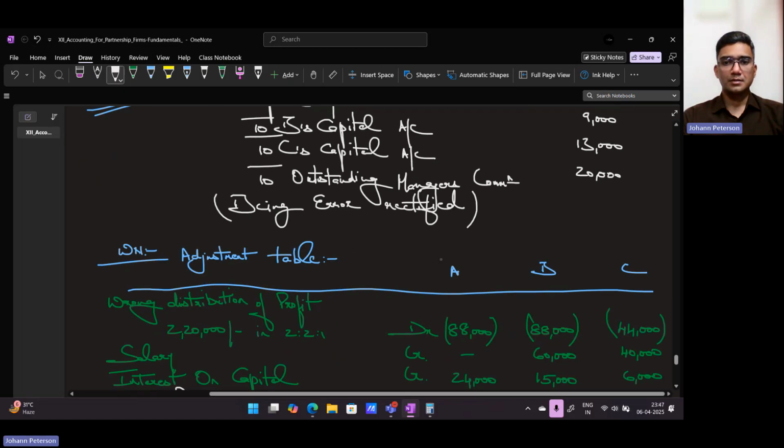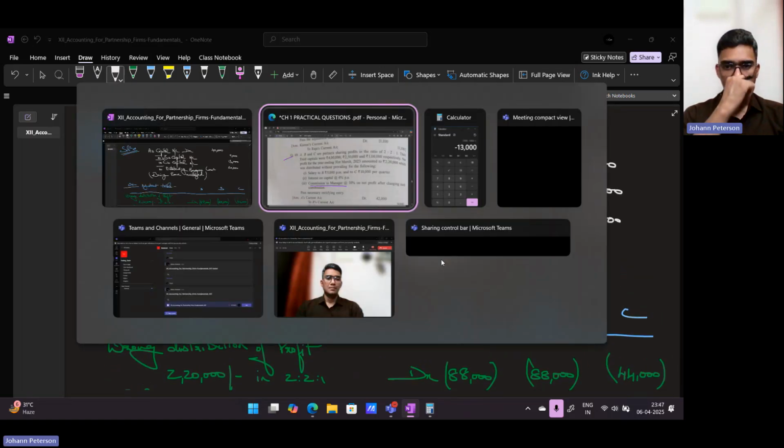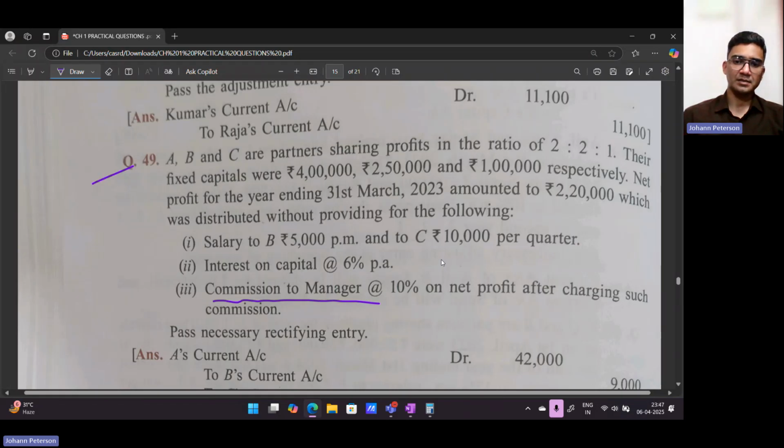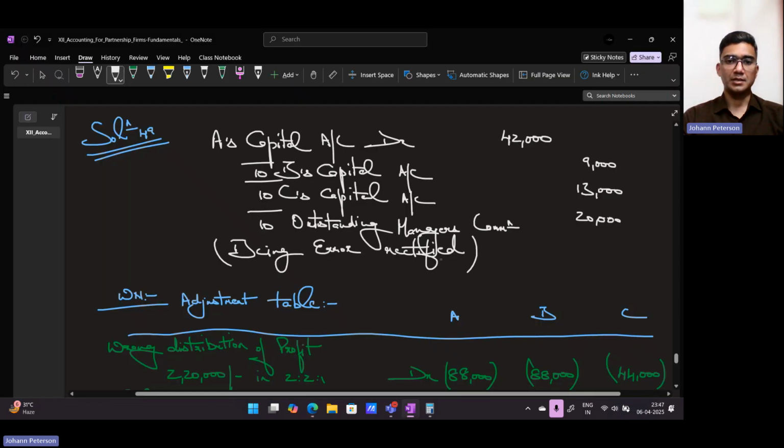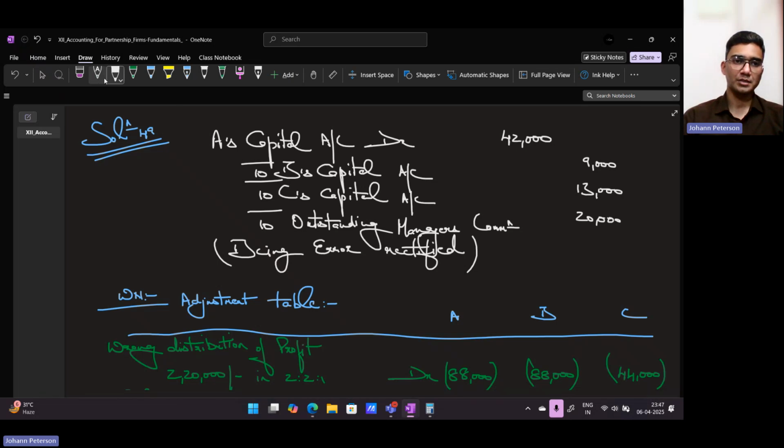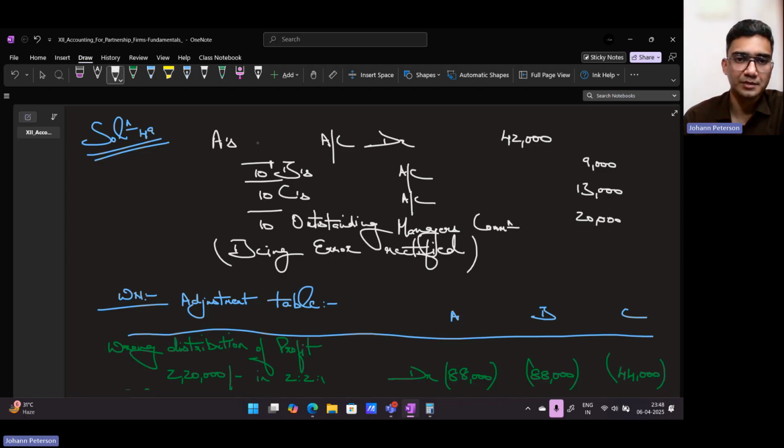So this is this question, A, B, C. Oh, one mistake we have made. It should be current account because we are talking about them following the fixed capital method. You have to be careful on this whenever you are solving such questions where you are told partners are having a fixed capital of this much.